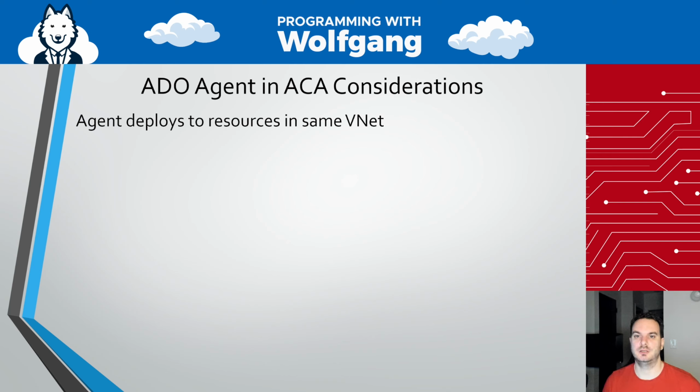An example could be you have a private Azure Key Vault or a private container registry, and you want to push a container into the registry or update a secret in the Azure Key Vault. Then running Azure Container App is great because you start it when you need it. You don't need much of the resources. And once you're done, you just stop the agent and you don't pay for it anymore.